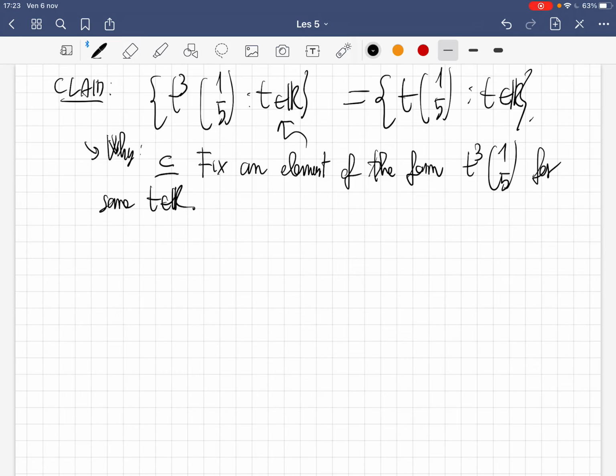Is it an element of this form? Perhaps this is a little bit confusing. Let me just use another variable here, s.